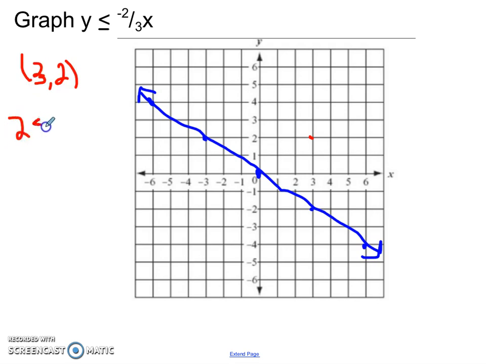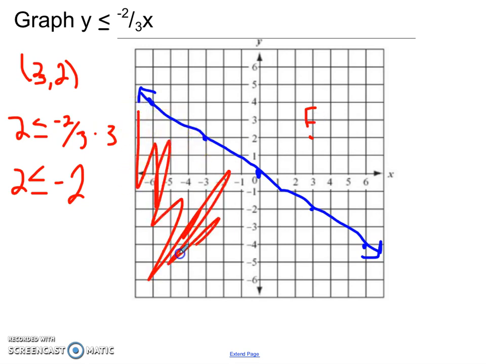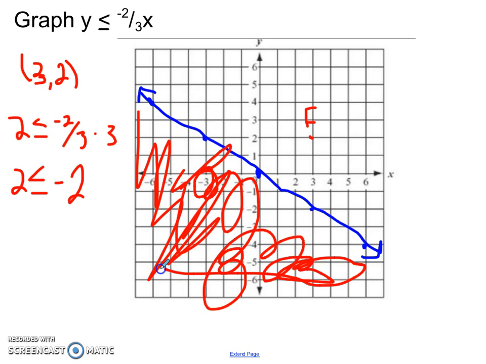So 2 is less than or equal to negative 2 thirds times 3. Well, negative 2 thirds times 3, that's going to divide by 3, which is 1. And 1 times negative 2 is negative 2. So I've got 2 is less than or equal to negative 2. Well, 2 is not less than or equal to negative 2. So that returns a false. That means this bottom half is the half that's shaded.